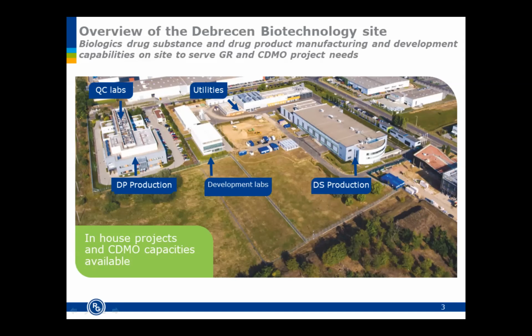Besides handling the in-house projects, the site has available contract development and manufacturing capacities. So if your company would be interested in such partnering, the contact details will be available at the end of my presentation.